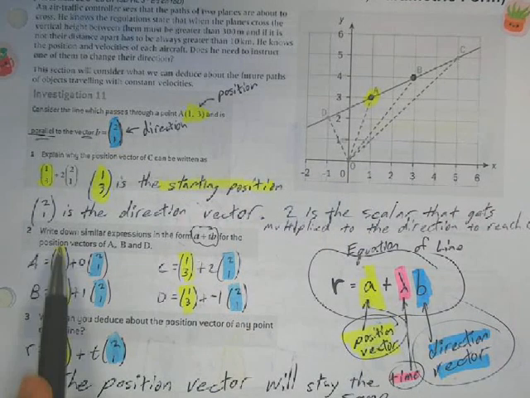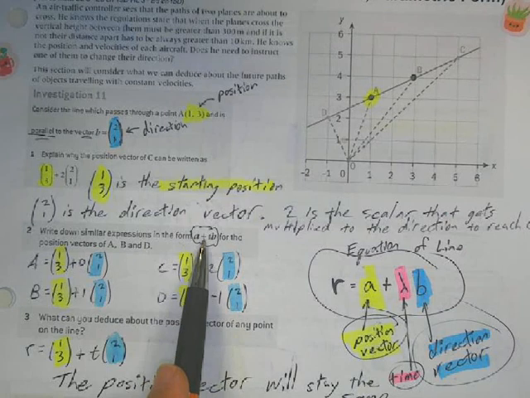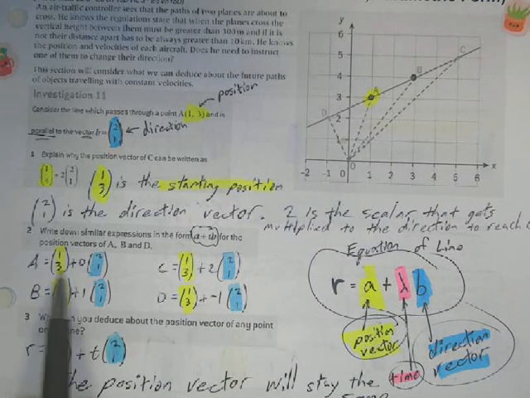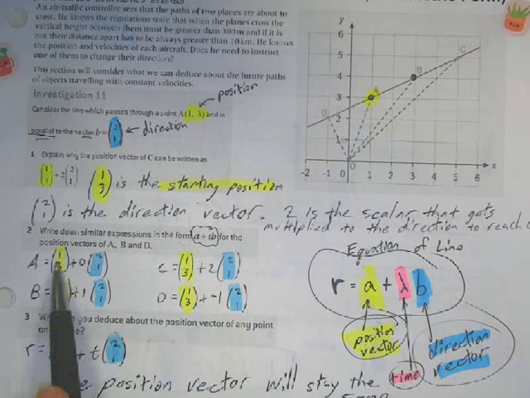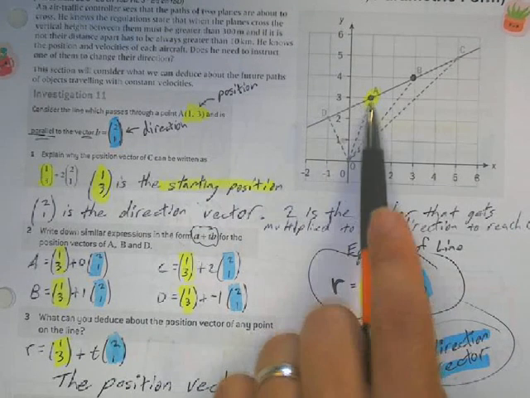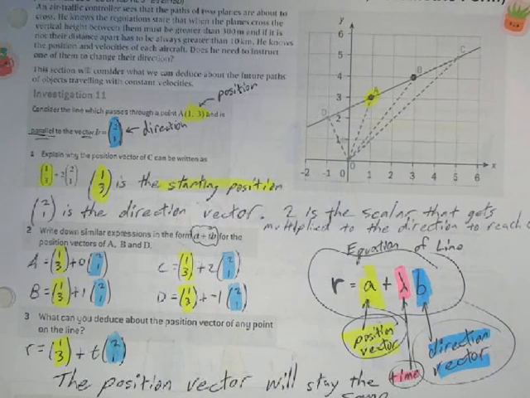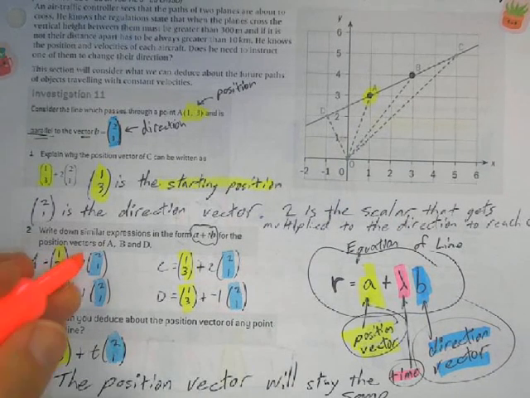So write down similar expressions for a plus tb. If we want to go to A, we start off at (1, 3), and we don't move left or right or anything, we just stay right there. That's why our t value here is 0.